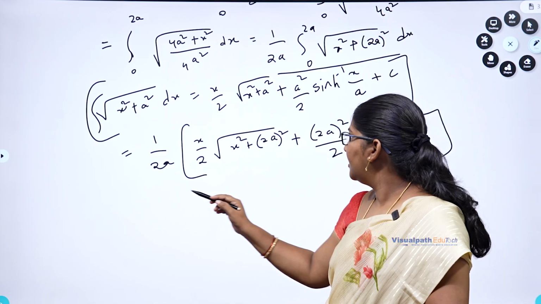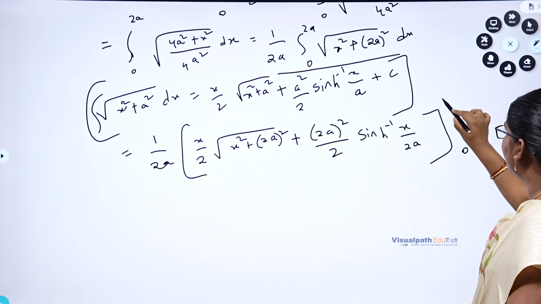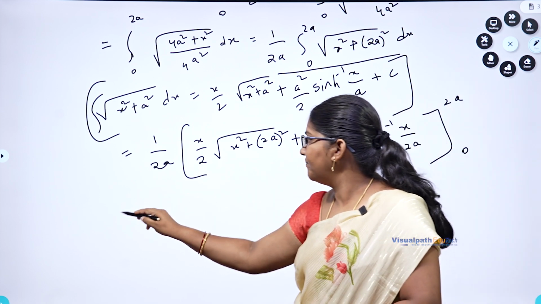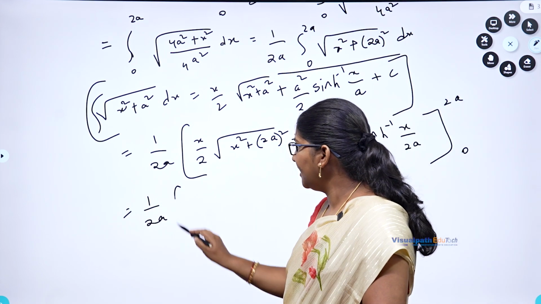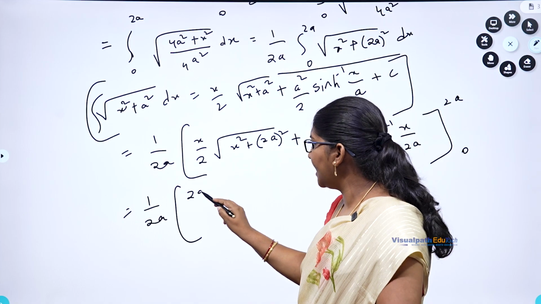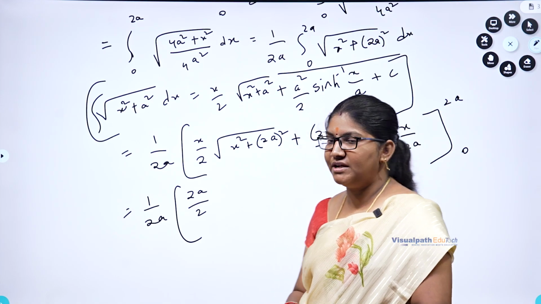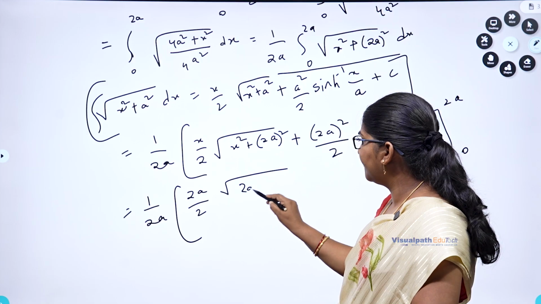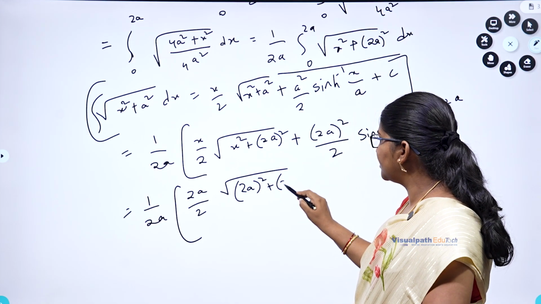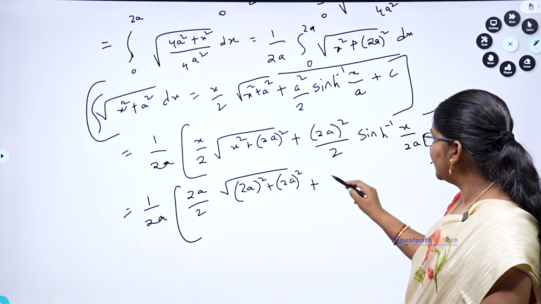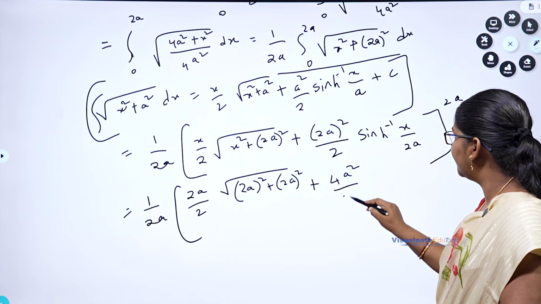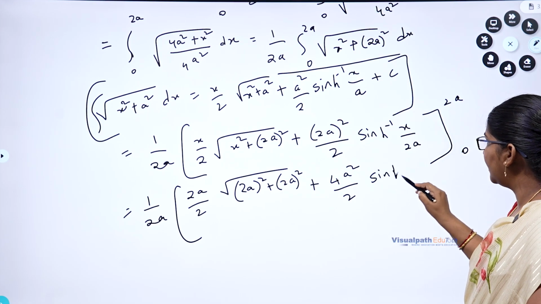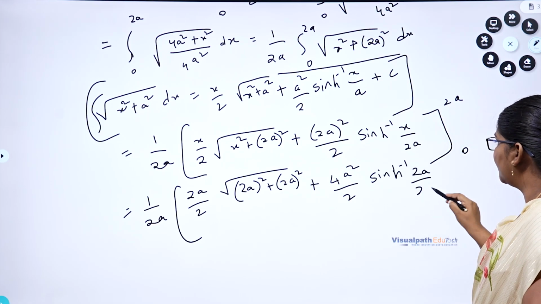The limits are from 0 to 2a. 1 by 2a times, upper limit minus lower limit: 2a by 2 times the square root of (2a) whole square plus (2a) whole square, plus 4a square by 2 sinh inverse 2a by 2a.